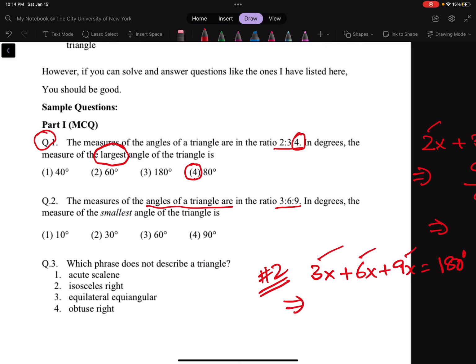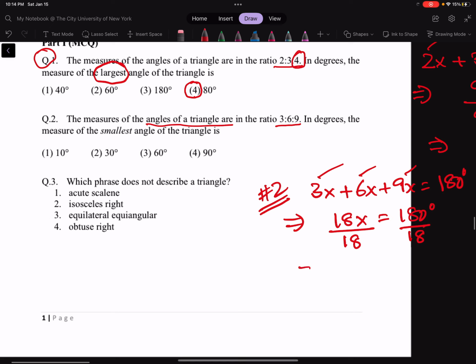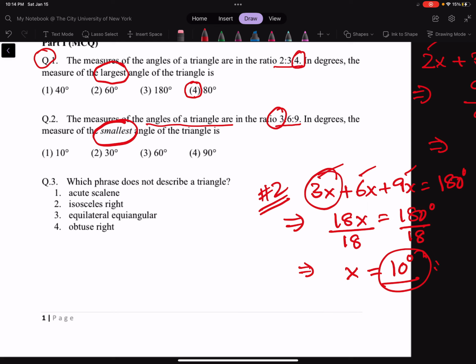So 9 and 9 gives you 18x, and 180 divided by 18, you get x, and that's 10 degrees. All right, now you need to find the smallest one. The smallest one is this 3x, so 3 multiplied by 10 gives you 30 degrees. So you look for the option where there is 30 degrees, number 2.